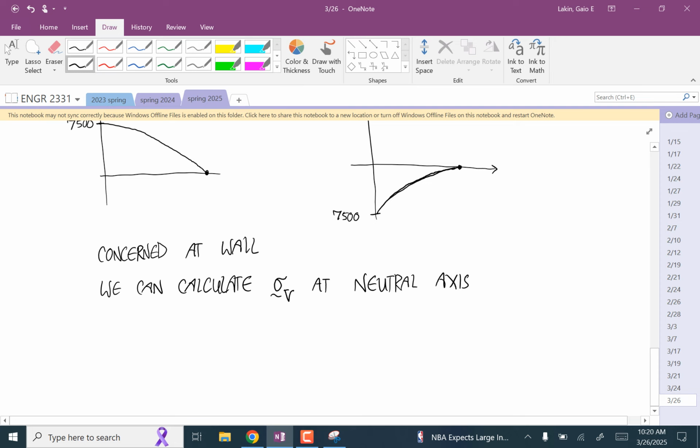And remember, the definition of the neutral axis is that the stress due to the bending moment is 0. That's why the neutral axis is an important thing. And we can calculate the stress due to the bending moment at the top or bottom.